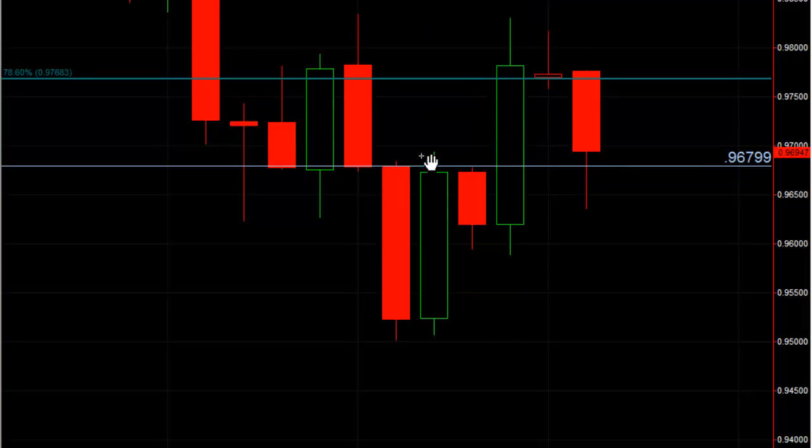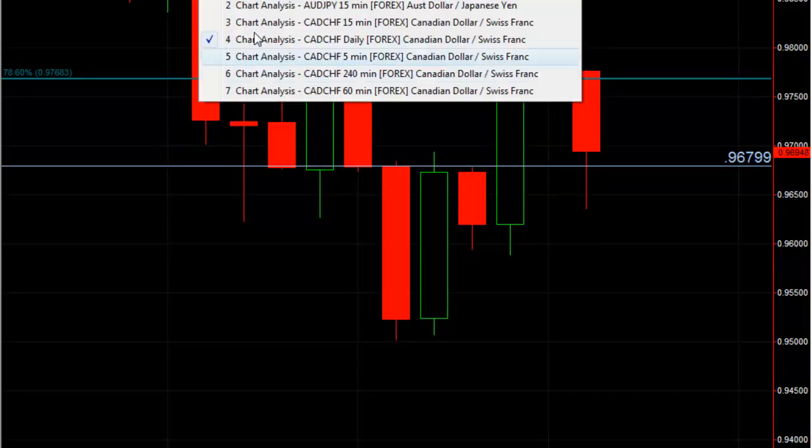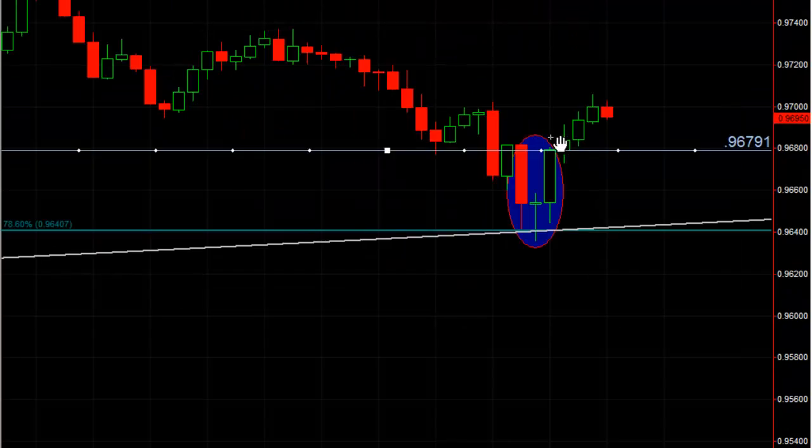So we get this level from a different price in history. It's not the same price which we saw on the 15-minute chart. On the 15-minute chart, we see a morning star formation where the body is at 0.9680, but that's a recent happening.